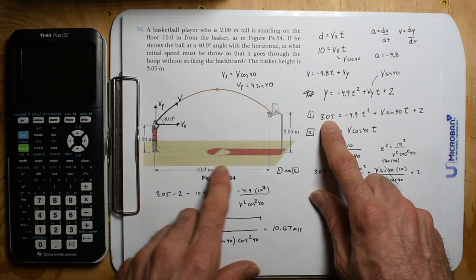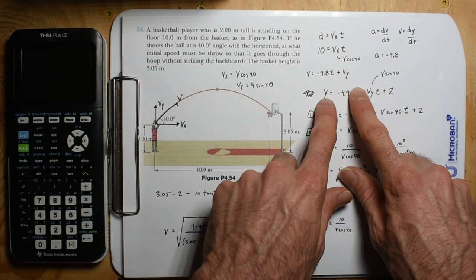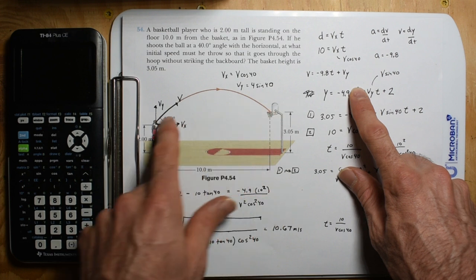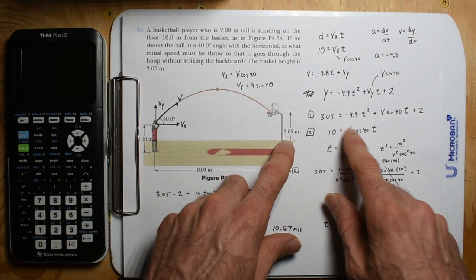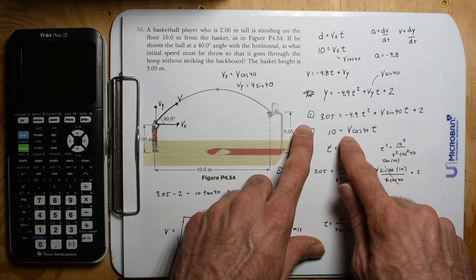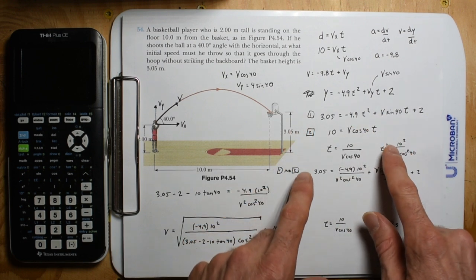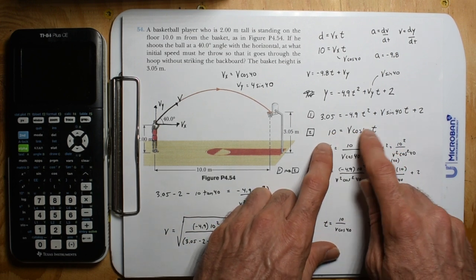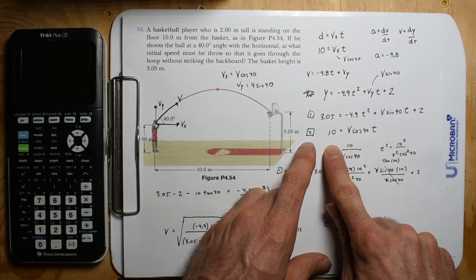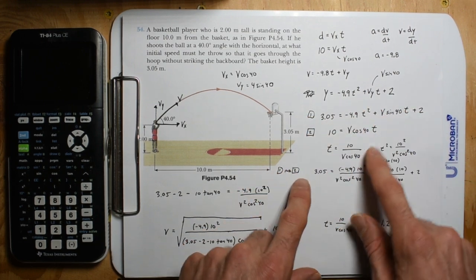Now in this equation, at t equals t final, y is going to go up, but then come back down to 3.05. So we basically have two equations. The two unknowns are t and v, but we just want the equation for v. So if you're smart, you turn this equation into a function of t and jam it in there, and then you have one equation with v.